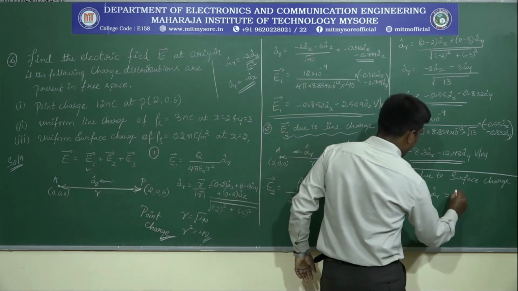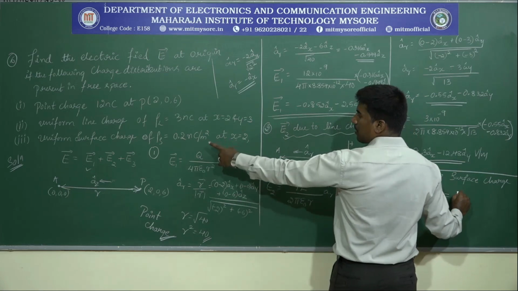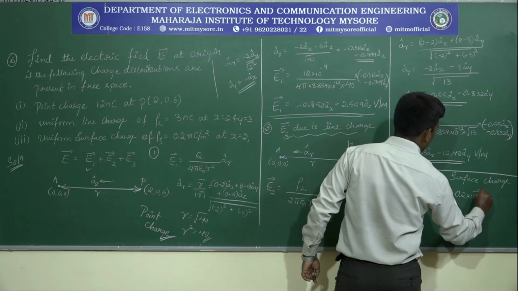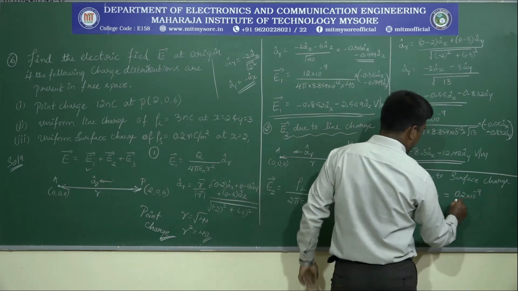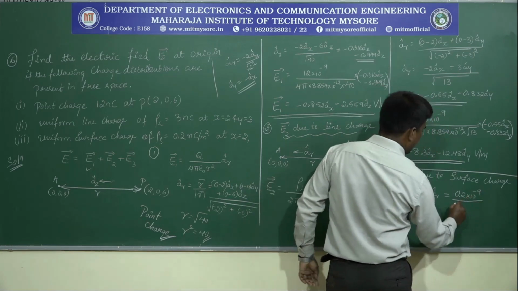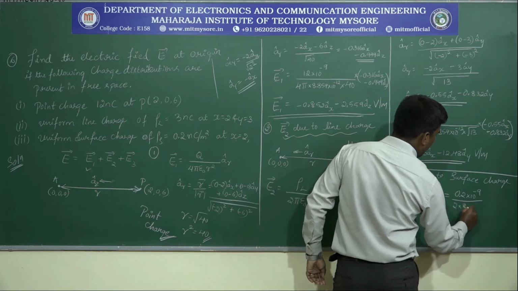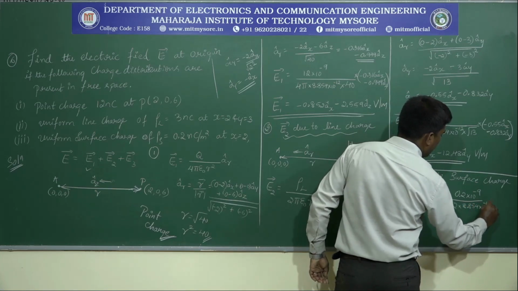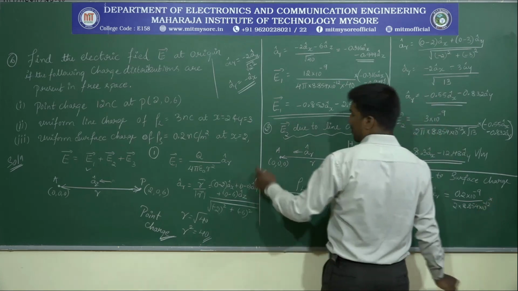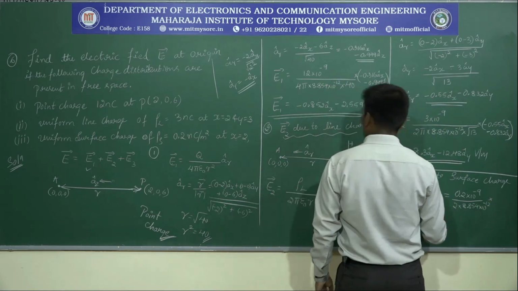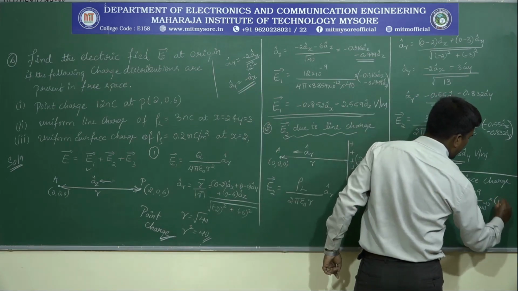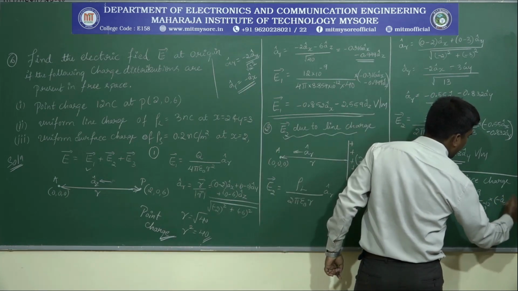Just substitute directly. Rho S is 0.2 into 10 power minus 9 coulomb per centimeter square, divided by 2 into 8.854 into 10 power minus 12, into a cap r. What is a cap r? Minus a cap x.